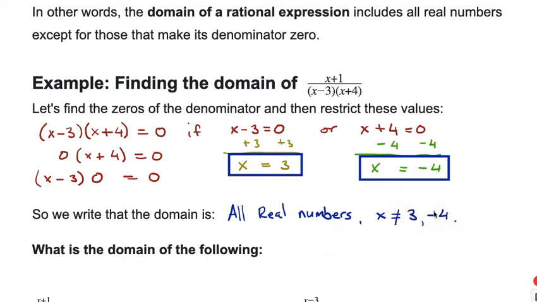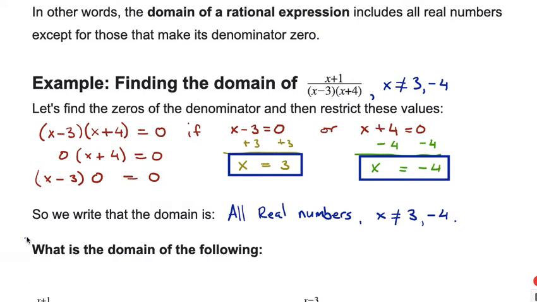All we've said here is that for our domain, x is not equal to 3 and x is not equal to negative 4. We could also say x is not equal to 3 or negative 4. That would be another way of putting it.